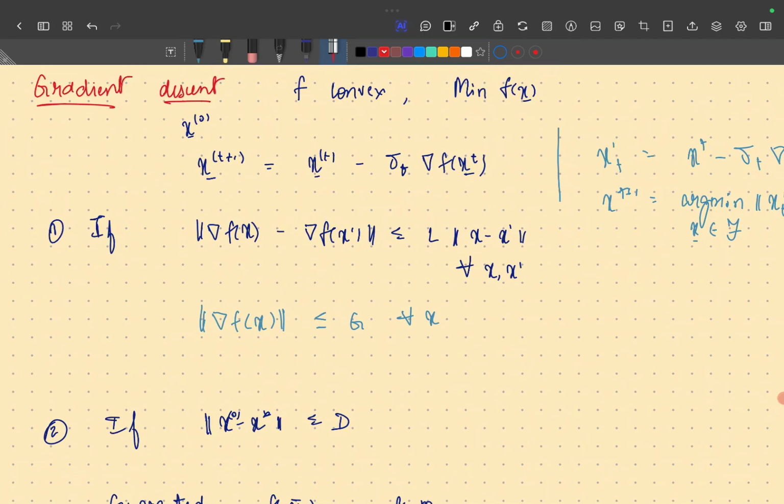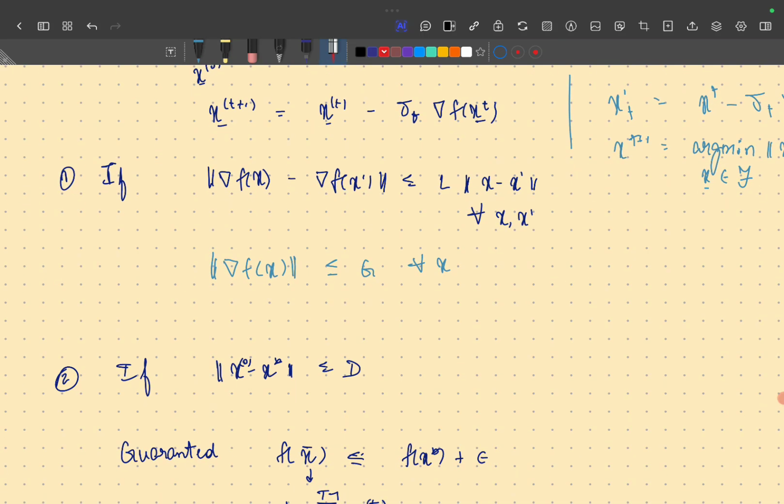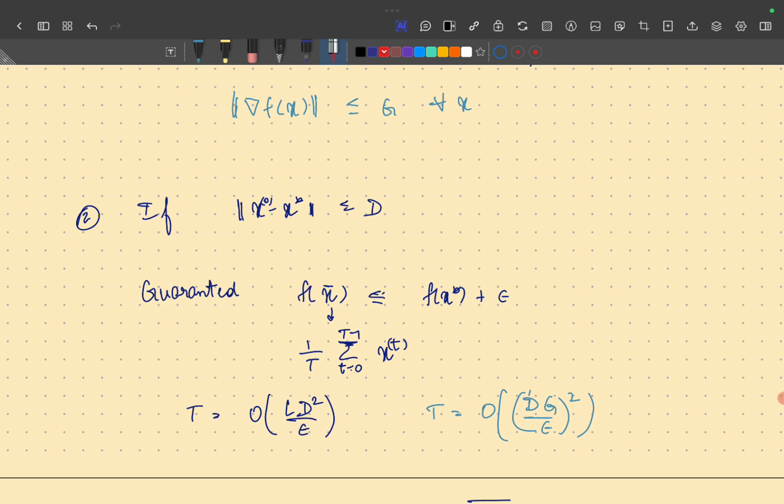But what we know about gradient descent, and also what you can show about projected gradient descent, is that under whatever conditions you have, the running time of the algorithm is order some constant divided by epsilon, or some constant divided by epsilon square, where epsilon is how close to the minimum you want to get.